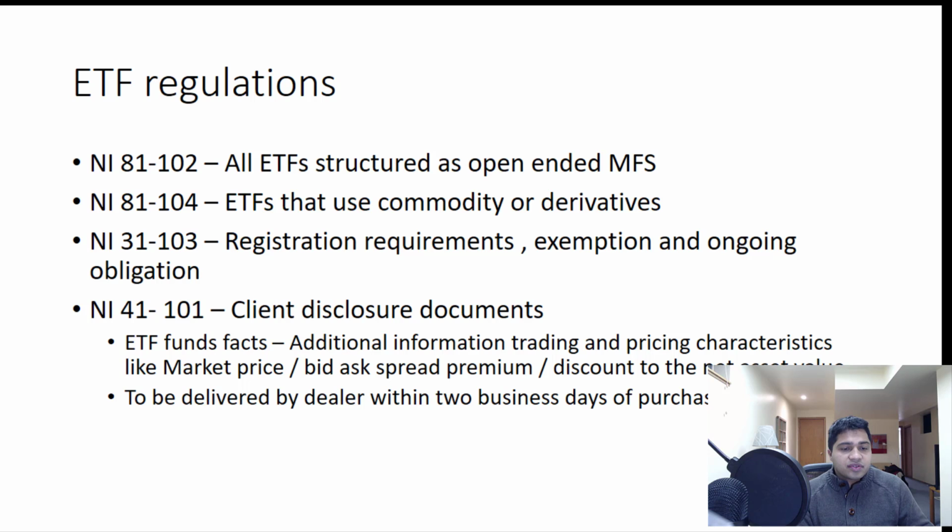So an investor goes and buys an ETF on an exchange, and you don't have to give an ETF fund facts before the purchase is made. You have to give it within 2 business days of purchase. Now if an investor doesn't get that fund facts document, he may deny that purchase, so he may rescind that purchase.